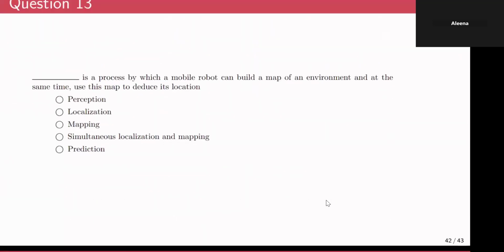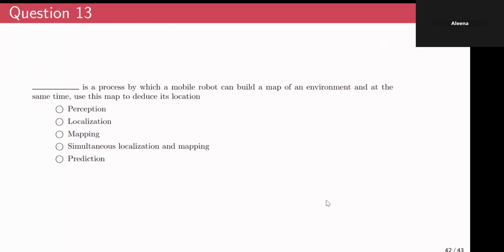Moving on to the final question of our session. The blank is a process by which a mobile robot can build a map of an environment and at the same time use this map to deduce its location. Is it perception, localization, mapping, SLAM, or prediction? This is a fairly easy choice.